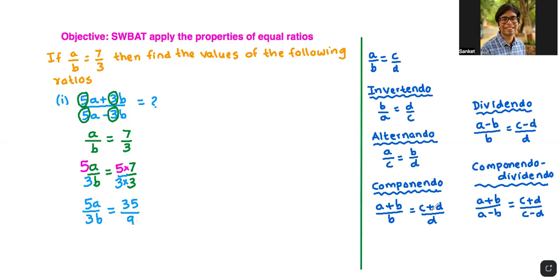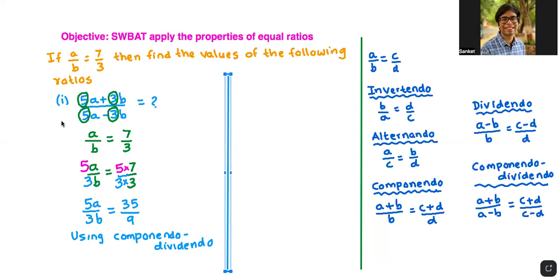Now can I apply componendo dividendo? The answer is yes. So let us apply componendo dividendo. I'm going to get 5A plus 3B upon 5A minus 3B.